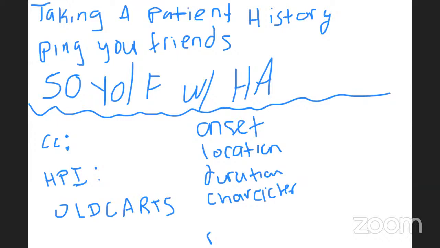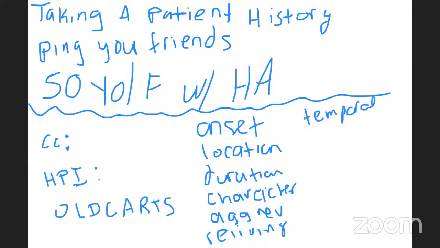I'm writing this down as I speak. And R is for relieving factors. T is for temporal, like time. And then S is for other associated symptoms.